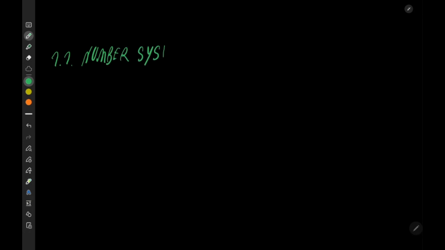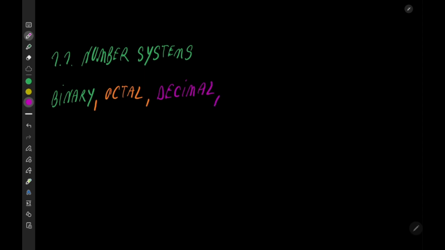Now you may be wondering, what are number systems? Well, by number systems we mean stuff such as binary, octal, of course, decimal, and finally hexadecimal.